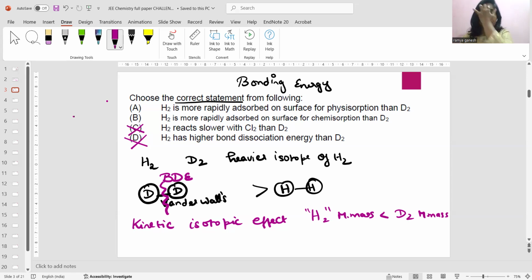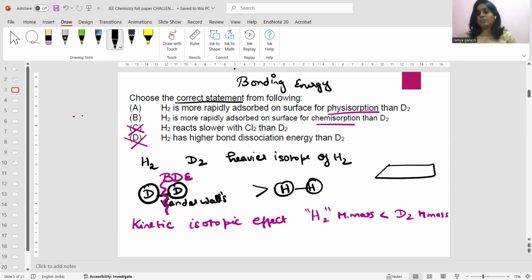Going on for the other two statements. Option B, hydrogen is more rapidly adsorbed on the surface for chemisorption than deuterium. Now, the first option is with respect to physisorption. Of course, this comes with respect to surface chemistry, but it's not completely related to surface chemistry.